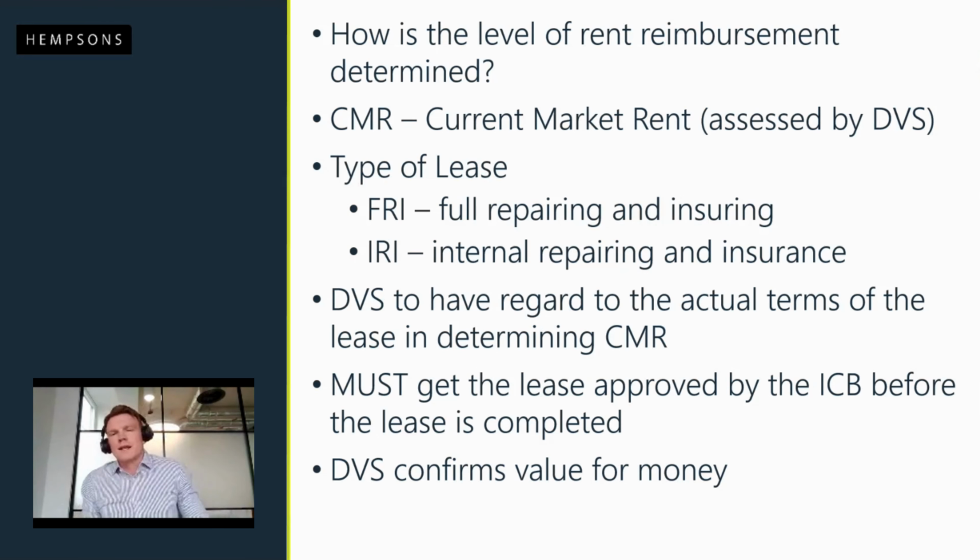So hopefully that's a clear explanation of the fundamental point that the DV and the ICB have to have regard to the actual terms of the lease itself, and that the CMR, the current market rent, is adjusted to take account of what type of lease it is. As I say, take account of any responsibilities of the tenant in respect of external repairs, maintenance, insurance of the building.